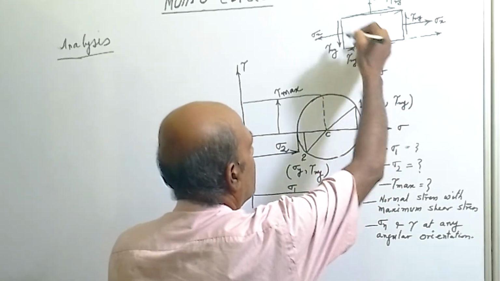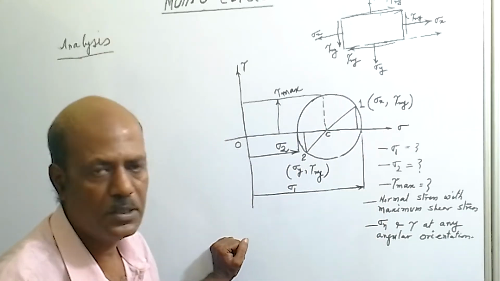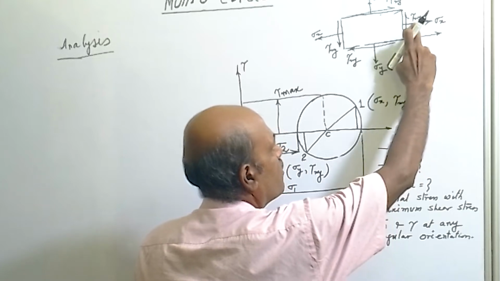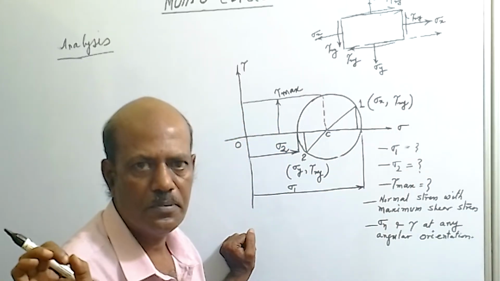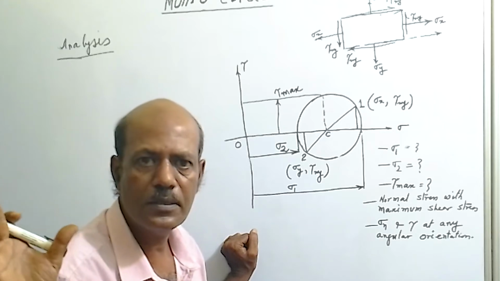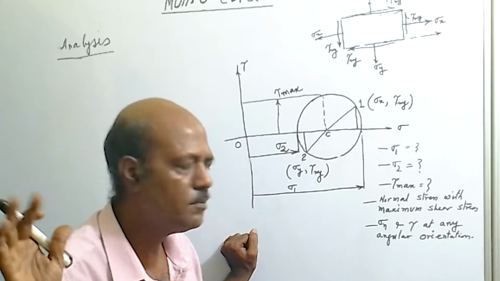So with the information whatever is available in the stressed body, that is on x face sigma x and tau xy stress is acting, both are positive. Sigma x tensile positive and tau xy it is in anti-clockwise sense, on x face it is positive.